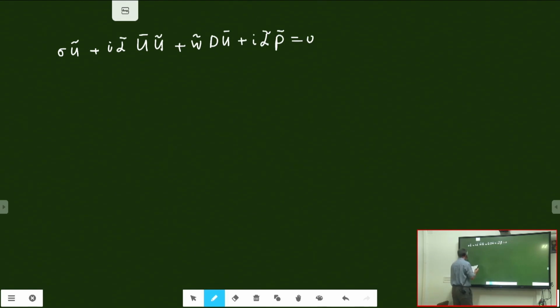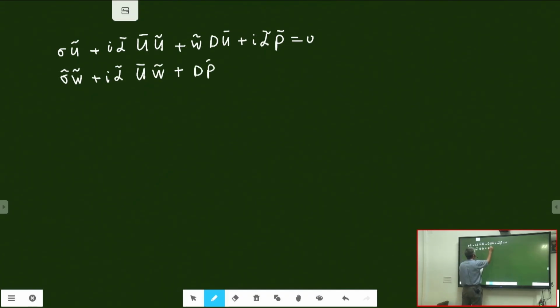That's the first equation. The second equation will be sigma tilde w tilde plus i alpha tilde u bar w tilde plus dp tilde is equal to 0.